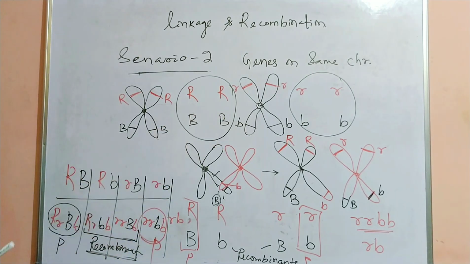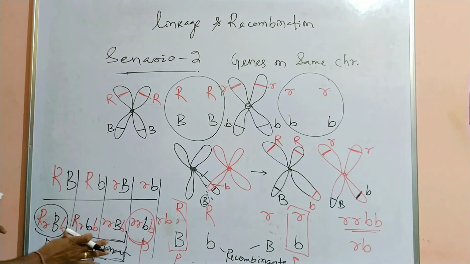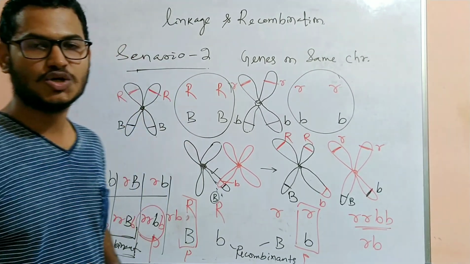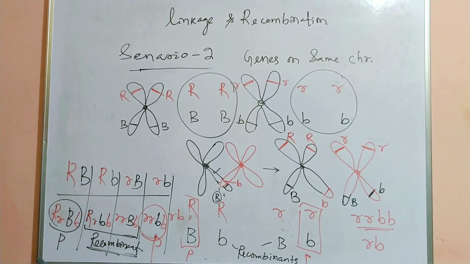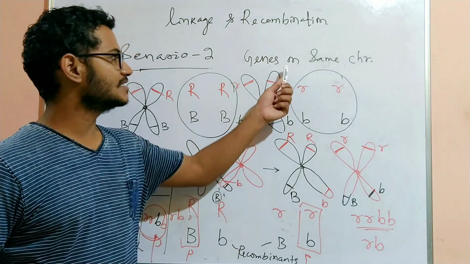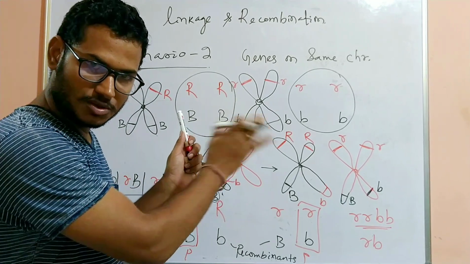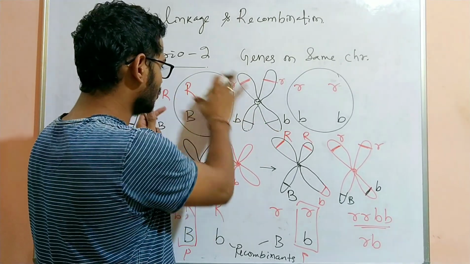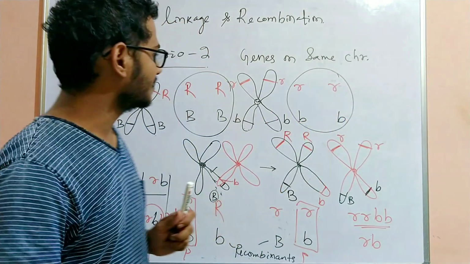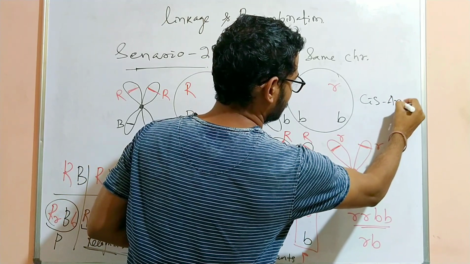Due to the crossing over between the non-sister chromatids of homologous chromosome, the resultant is having some non-parental characters which are called recombinants. Clear? So this is the scenario 2, when genes on same chromosome and both the homologous chromosome, one chromosome carries all the dominant characters and the other carries all the recessive characters, which is called the cis arrangement.